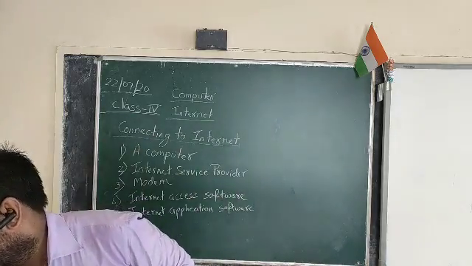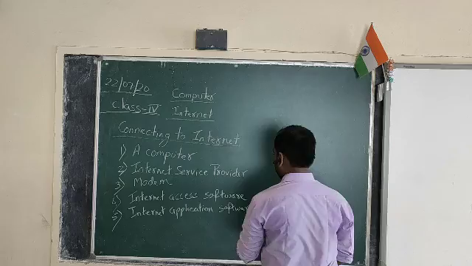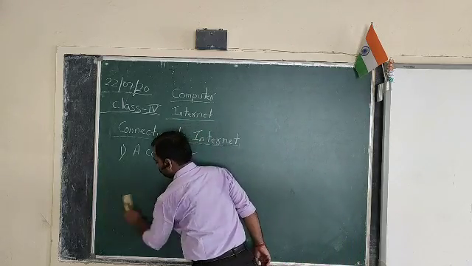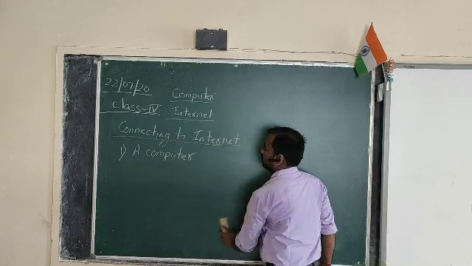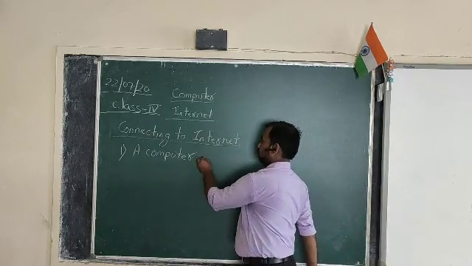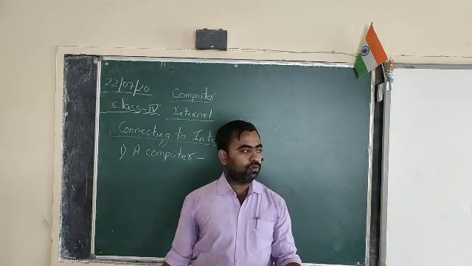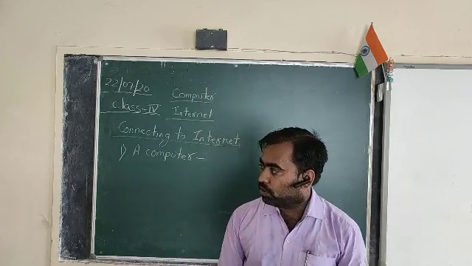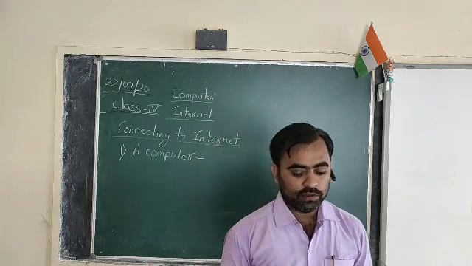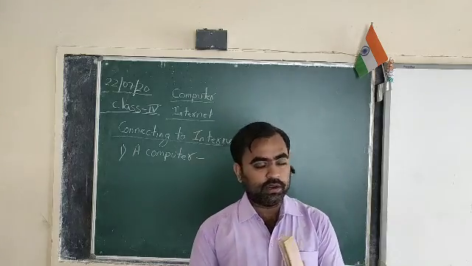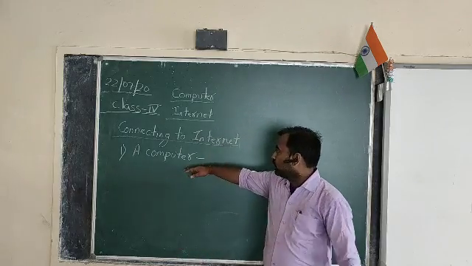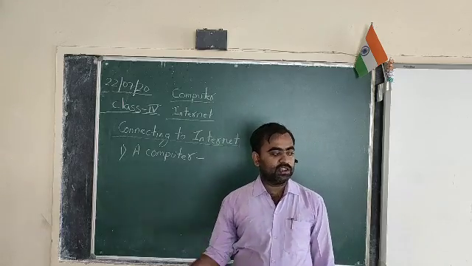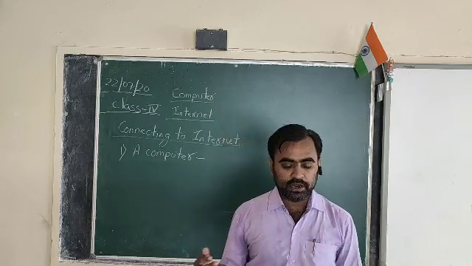Okay, so the first one is a computer. All of you know that to get connected to the internet, the most important thing required first of all is a computer or a laptop or any smart device through which you can get connected easily.